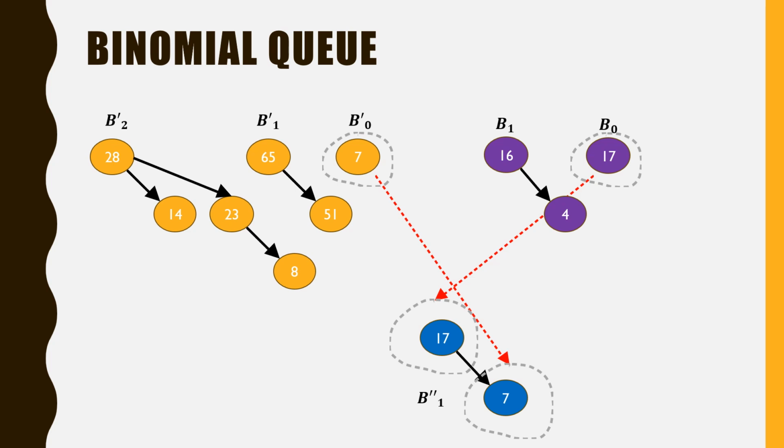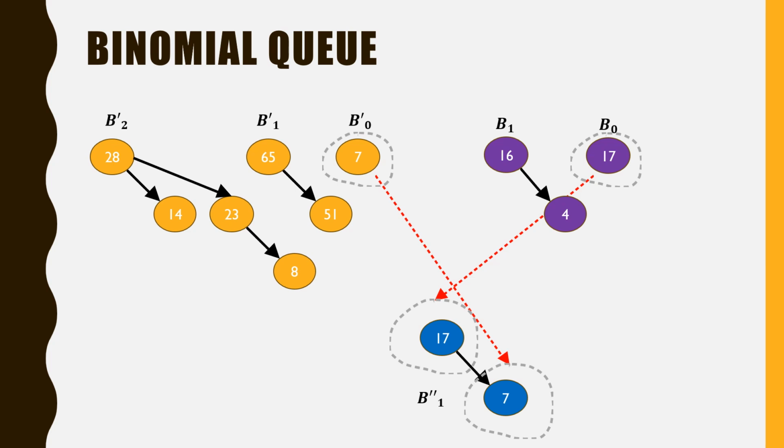Assuming a max heap, when merging two binomial trees, the tree with the smaller root should be attached to the larger tree root as a subtree. In a min heap, the opposite is true. This merge order ensures that the heap order property is preserved in the merged binomial tree.